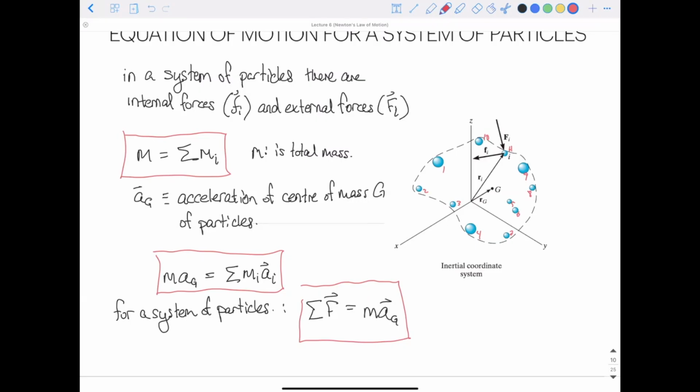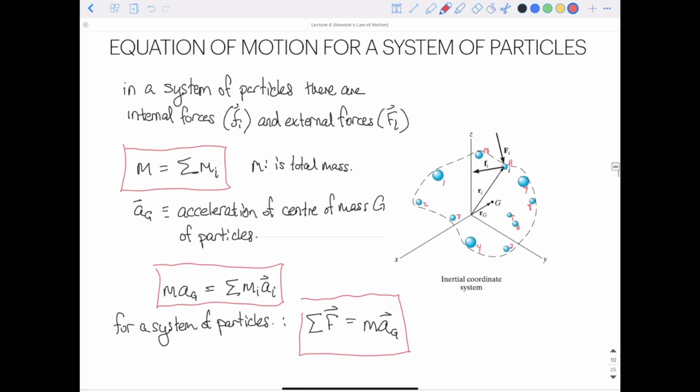When i is equal to 2, it's referring to particle 2. So that's all that means. i just represents the ith particle that we're doing our analysis on. So we're looking at a system of particles, whether it's 2 particles in a collision where i would just be 1 or 2, or if it's a system of particles all moving together, i is just counting through all of those particles. But this law always holds true for a system of particles.